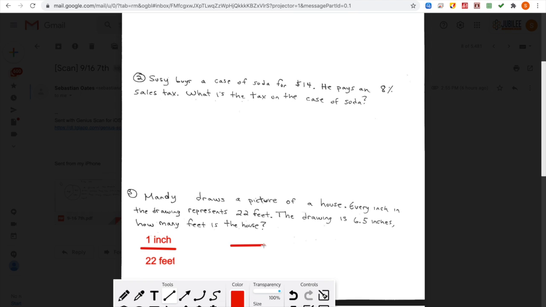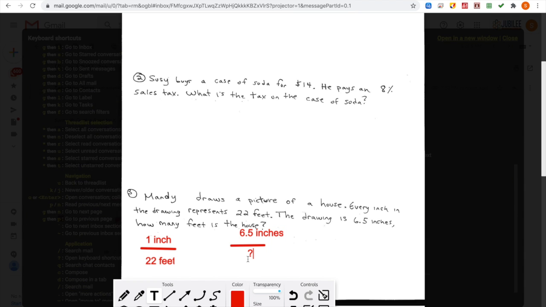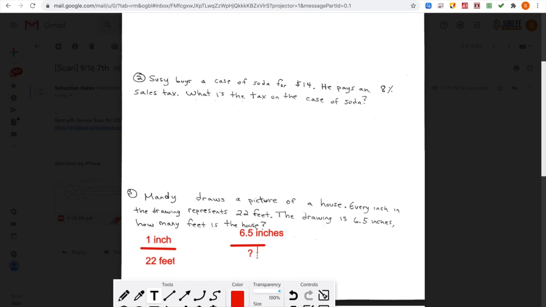Now in my second ratio, I have 6.5 inches. So what I have to find out is how many feet there are. So I'm trying to find out how I can get from 1 to 6.5. So I can just divide that. 6.5 divided by 1 will give me 6.5.